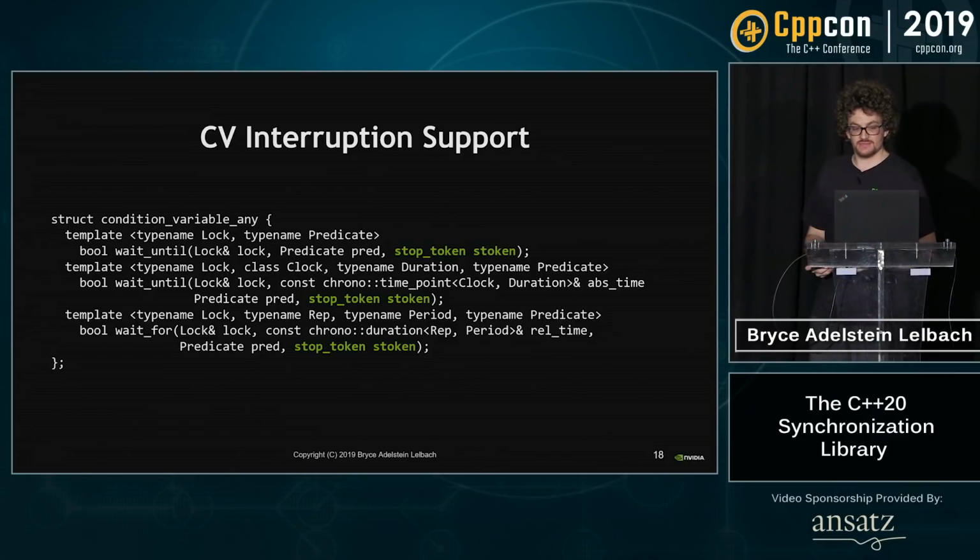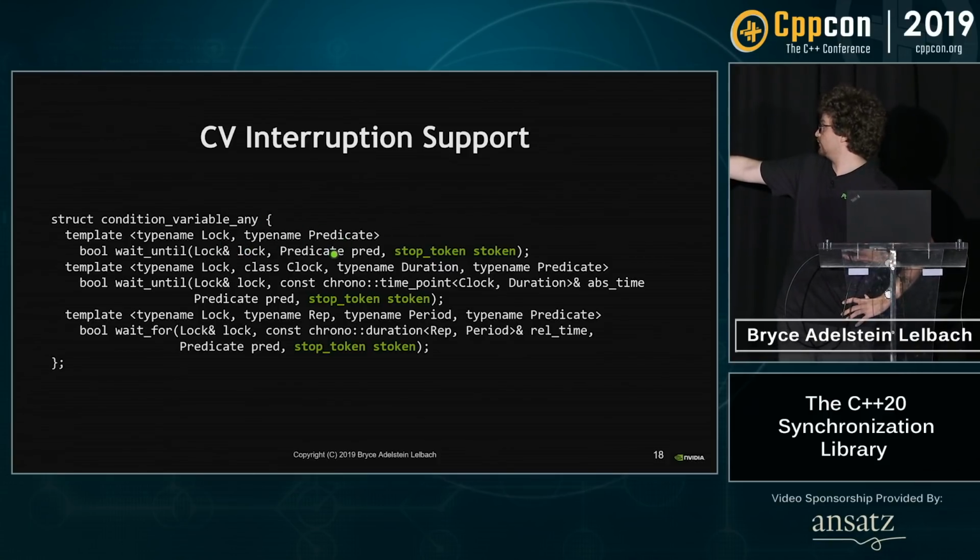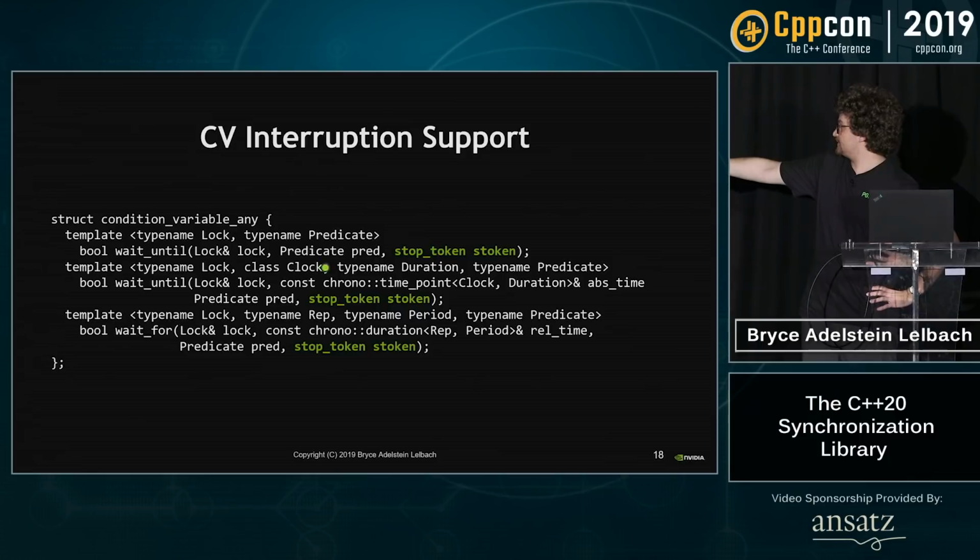So the way that these work, like this first one right here, this wait until, where I give it a lock, a predicate, that's all normal and what we're used to. And then we give it a stop token. What this does is it will wait for the predicate to be satisfied, but it will exit early if a stop request has been made.